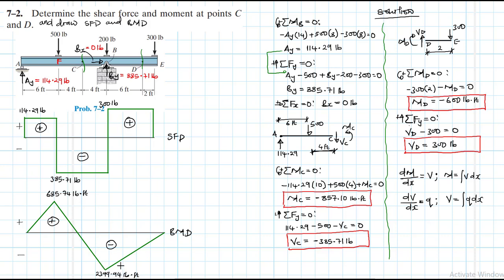And then at D we found minus 600 at the very end there. Yeah, I think everything else is fine. The one at the bottom, 2399.94, can be rounded off to 2,400 pounds feet.